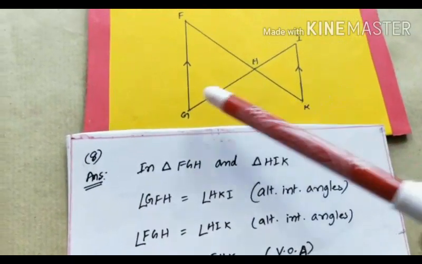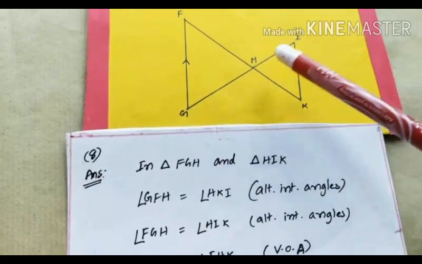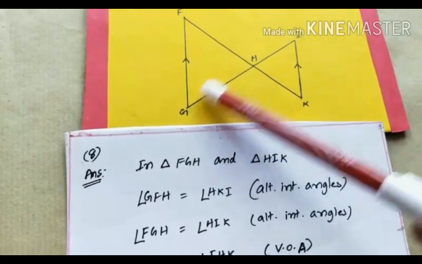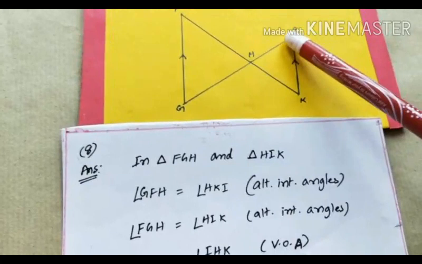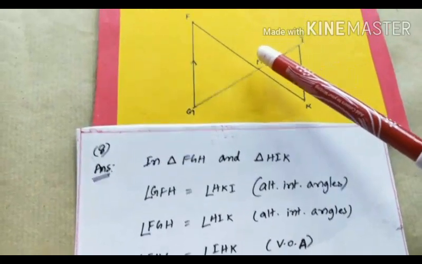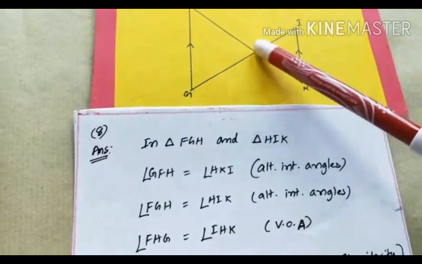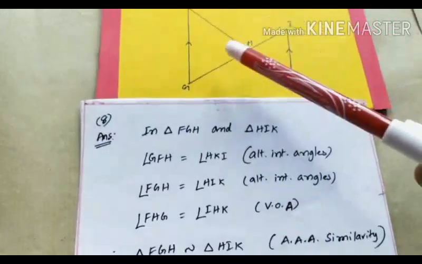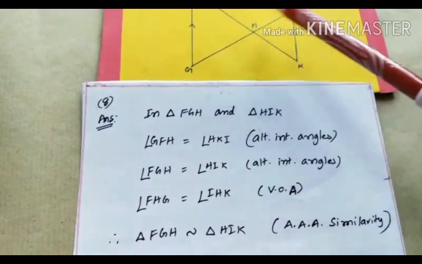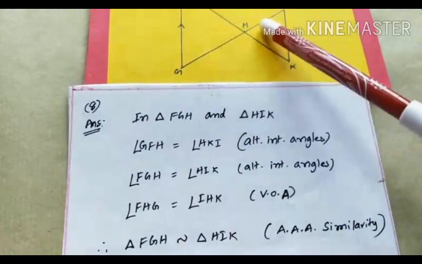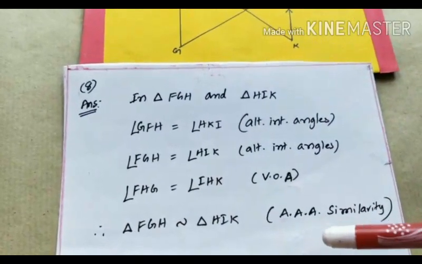Angle FGH and angle HIK are also alternate interior angles. Angles FHG and IHK are vertically opposite angles. Therefore triangle FGH and triangle HIK are similar by the AAA similarity rule.